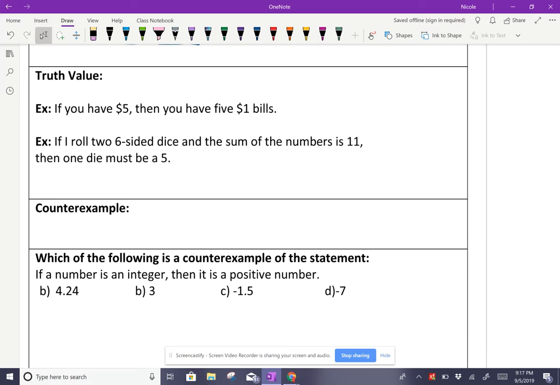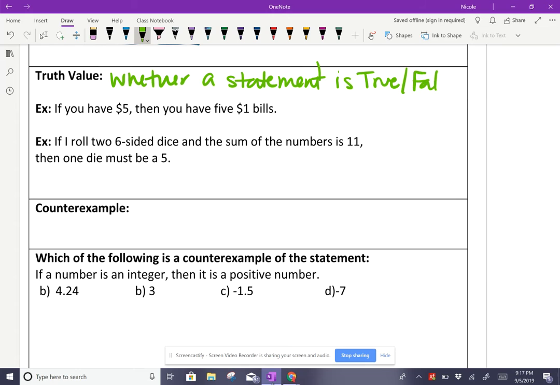All right, the truth value is going to tell us whether a statement is true or false. And this is much more based off of what we know about the information provided. So if you have $5, then you have 5 $1 bills.